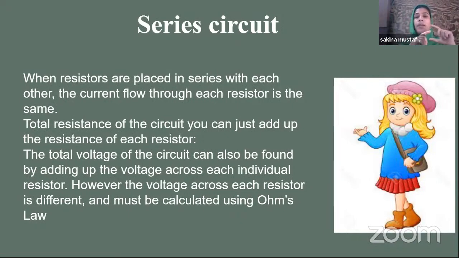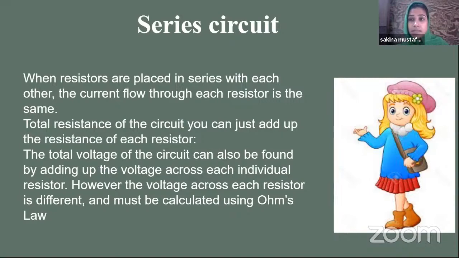So for example, we are using a 1K ohm resistor and a 2K ohm resistor. The voltage across the 1K ohm will be calculated, the voltage across the 2K ohm will be calculated, and the voltage across 1K ohm plus the voltage across 2K ohm will be added, and that will be the total voltage across the series circuit.